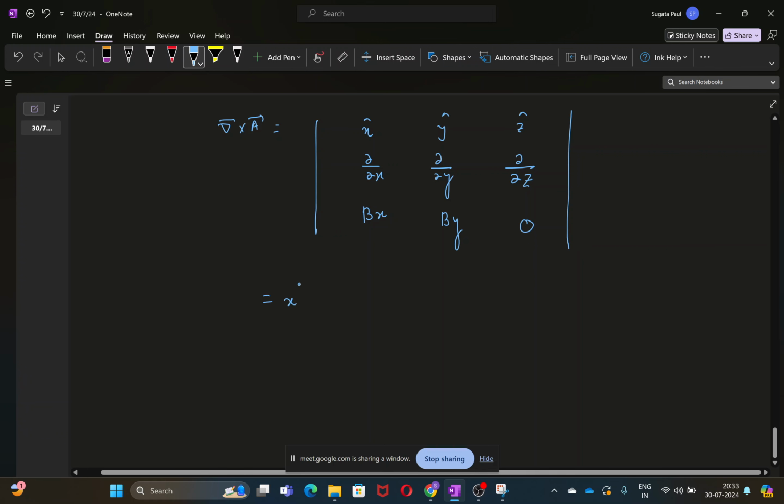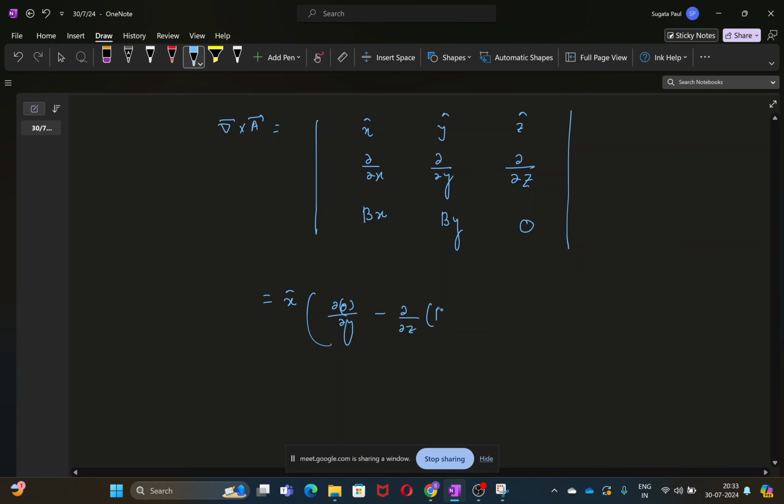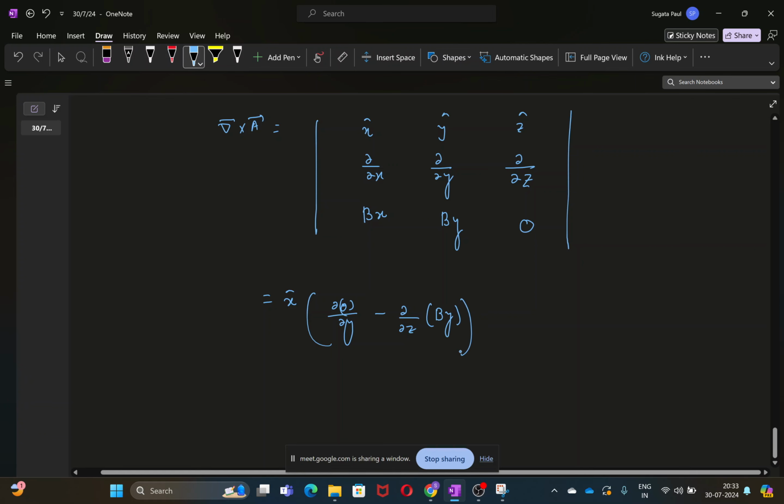So now we have to take them one by one. The coefficient of x cap is basically a cross: del del y of 0, minus del del z of b times y.